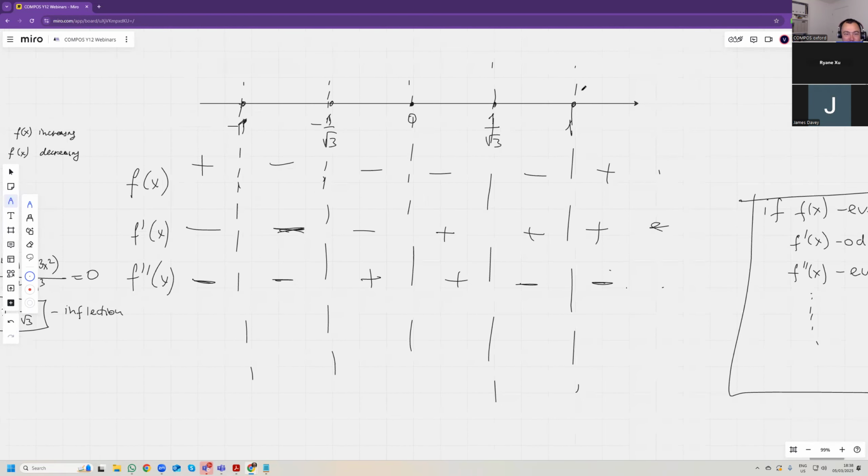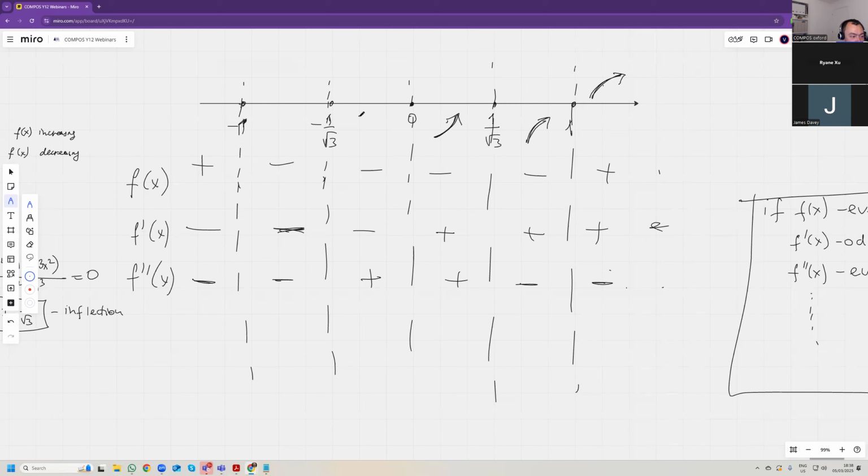So here, this starts from 1. The function is positive. It's increasing, but the second derivative is negative, so it's a concave function. It goes like this. It's negative, increasing, concave, like this. It's negative, increasing, convex.